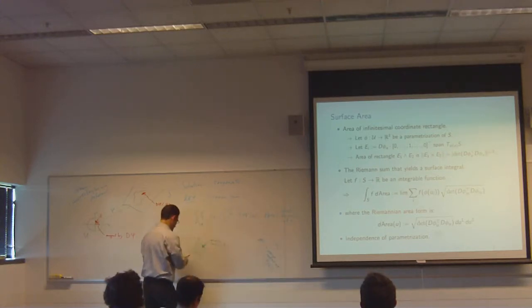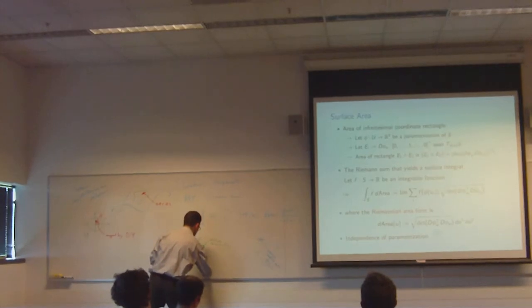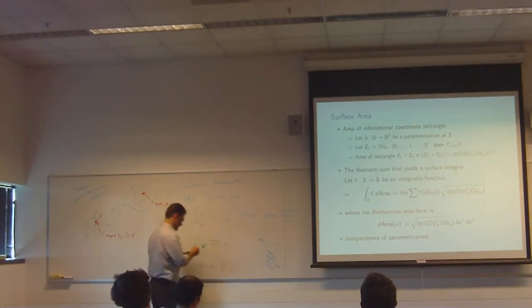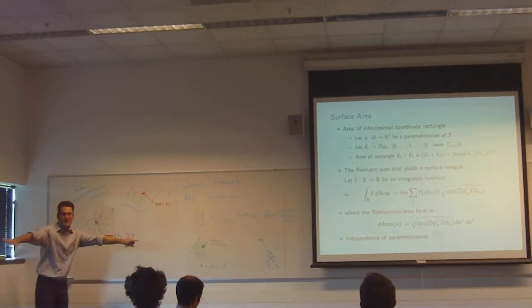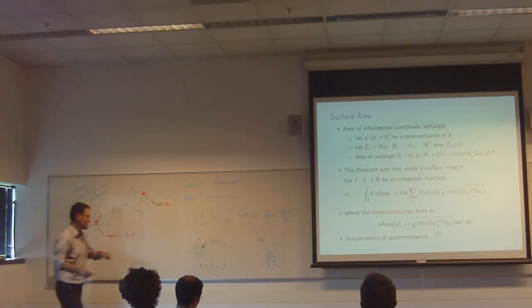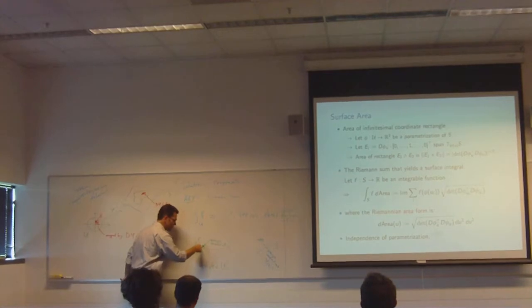So the ui's are just a whole bunch of points in u, sort of a network of points spread out evenly, maybe on the corners or in the centers of all these rectangles. That's where the ui's are all located.